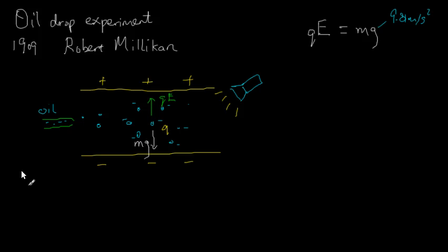Let's say the voltage across here is V1, and let's say I need to adjust this to 10,000 volts when one of the droplets stops moving. Let's say that's the voltage needed to balance the weight of one of the droplets. And suppose that the spacing between the plates is 1 centimeter.